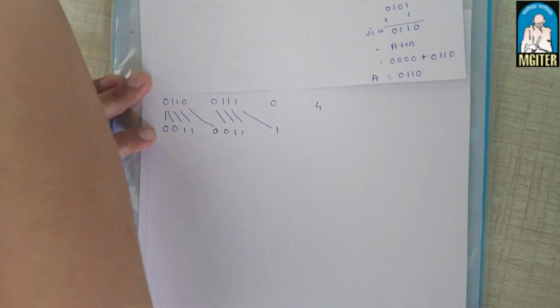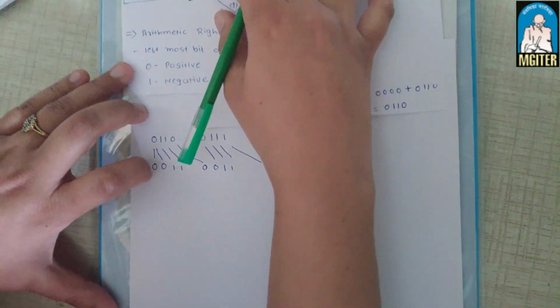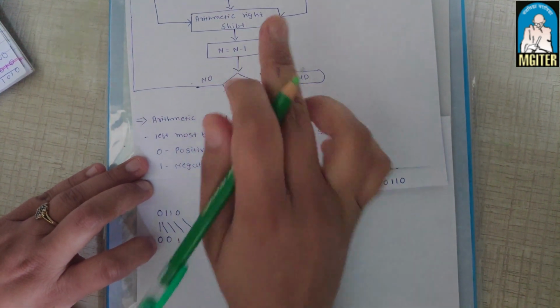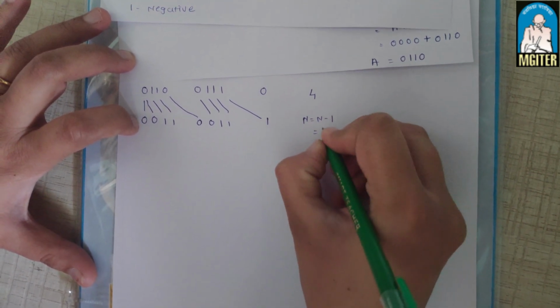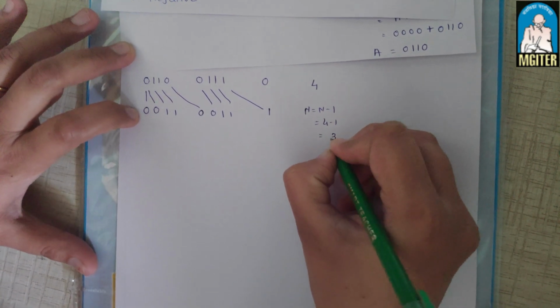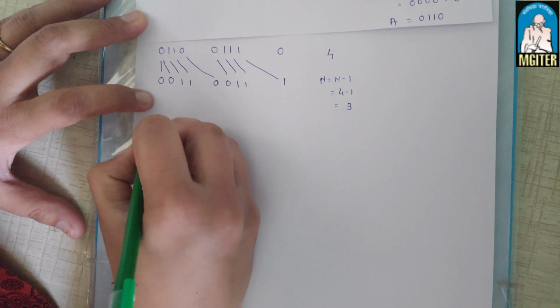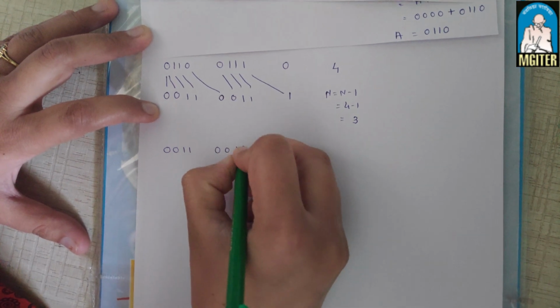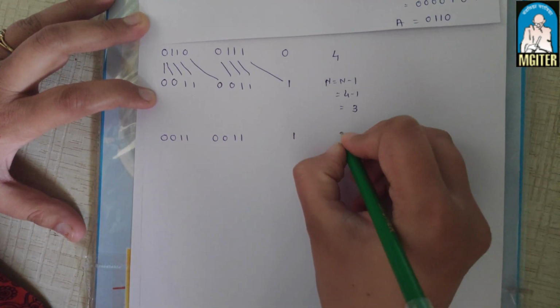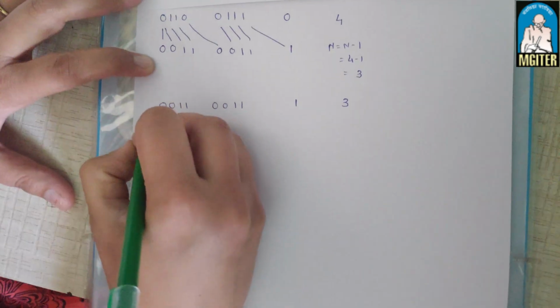Now after the arithmetic right shift we have to perform N is equal to N minus 1, so the value of N is equal to 3. So in step number 1 we got 0, 0, 1, 1, 0, 0, 1, 1, 1 and the value of N is equal to 3.